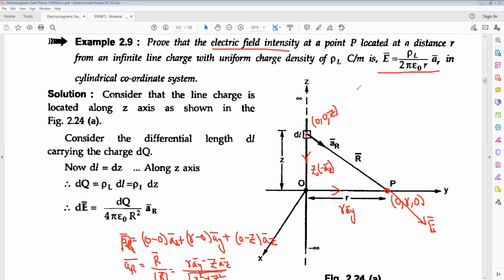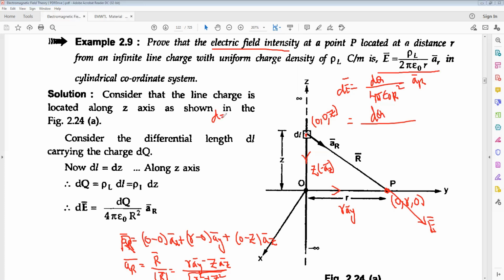Now at the point charge, the differential electric field intensity dE bar is equal to dq by 4 pi epsilon naught r square into ar bar. What is dq? Because we are assuming a differential length on the z axis, dl is equal to dz.